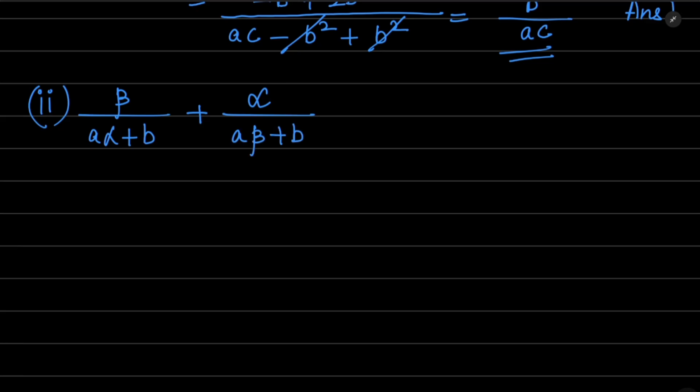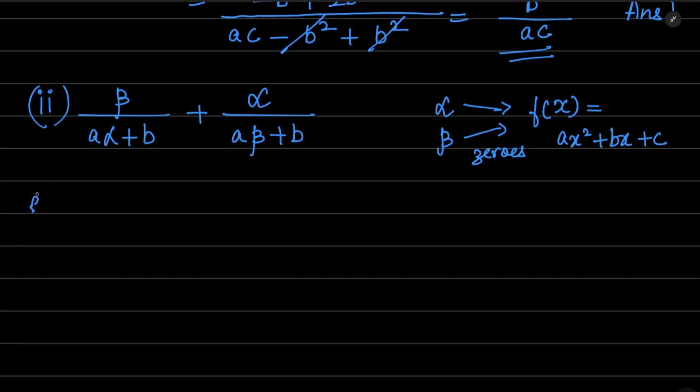Again, you have to write, given alpha and beta are the zeros of your f of x, which is given as ax square plus bx plus c. Okay, you know the sum of the zeros, alpha plus beta, is equal to minus b by a, and alpha beta equal to c by a.